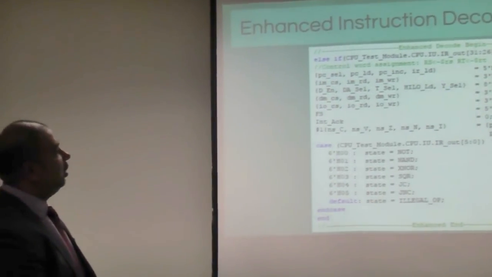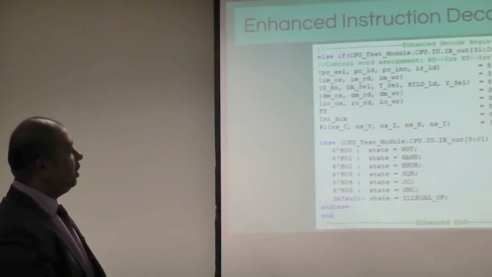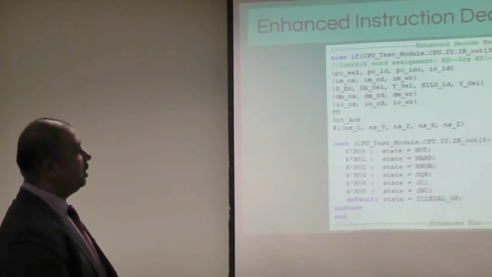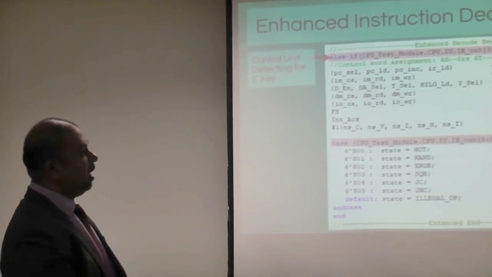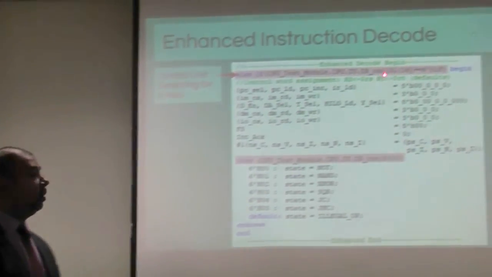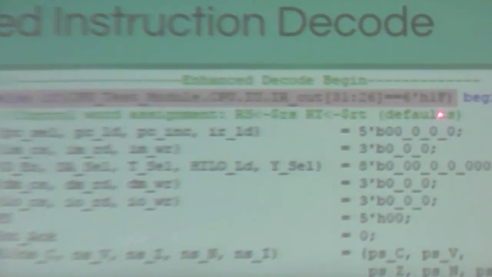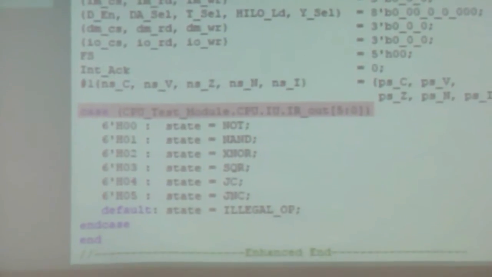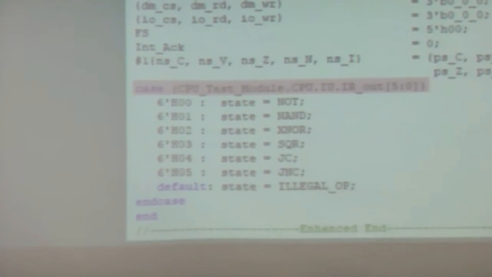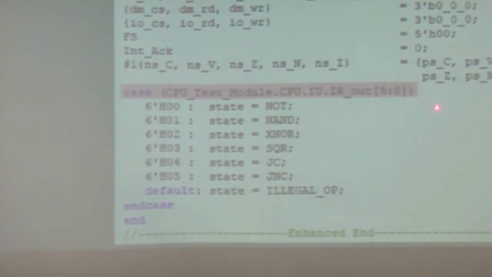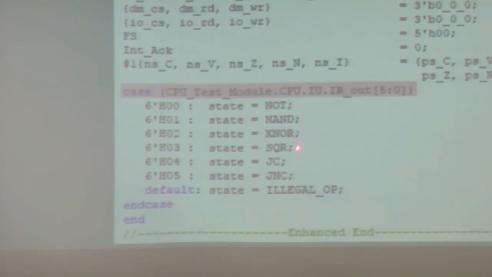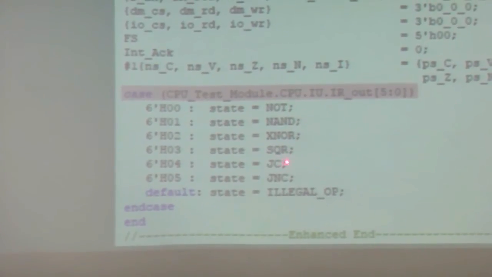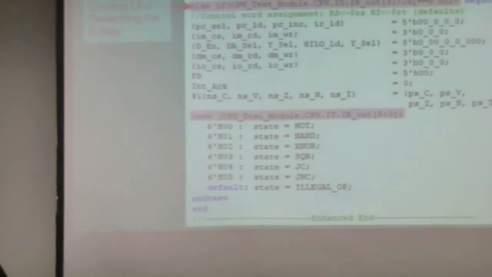As we discussed earlier, in the decode state, we're looking at bits 26 through 31 to be 1F, which was our enhanced key. If those bits were 1F, then we would go ahead and look at what the lower 6 bits were. And we decided to put NOT at 0, 0, NAND at 0, 1, XNOR at 0, 2, SQR at 0, 3, JC at 0, 4, JNC at 0, 5.